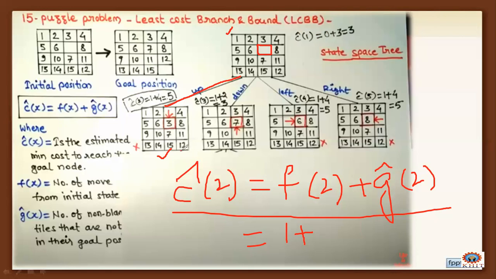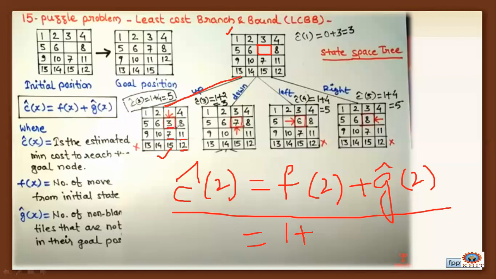The changes are, yes, this is one change, 12. If you compare the goal position with this matrix, 12 is one change, 11 is another change, 7 is one more change, and 3 is another change.